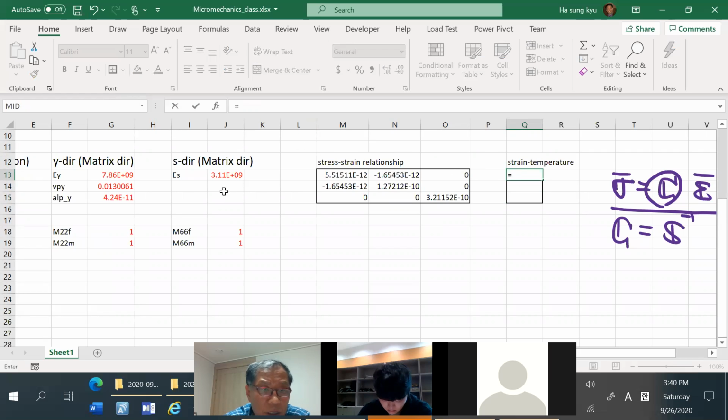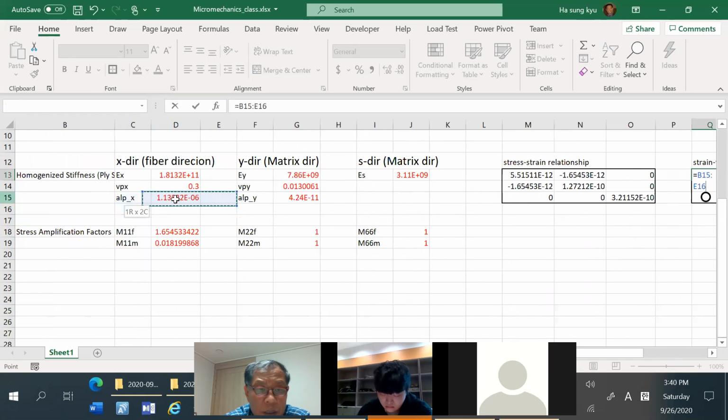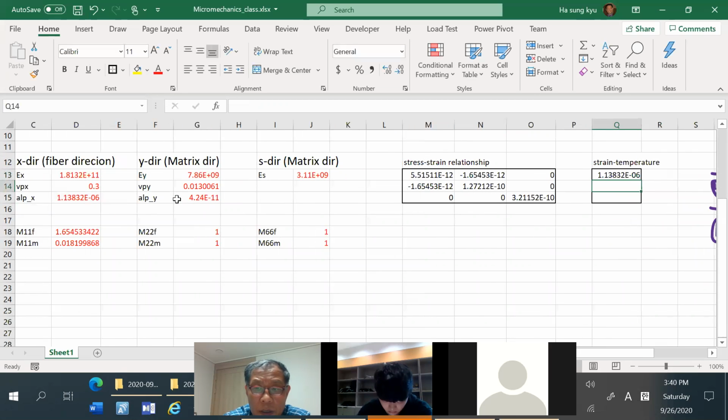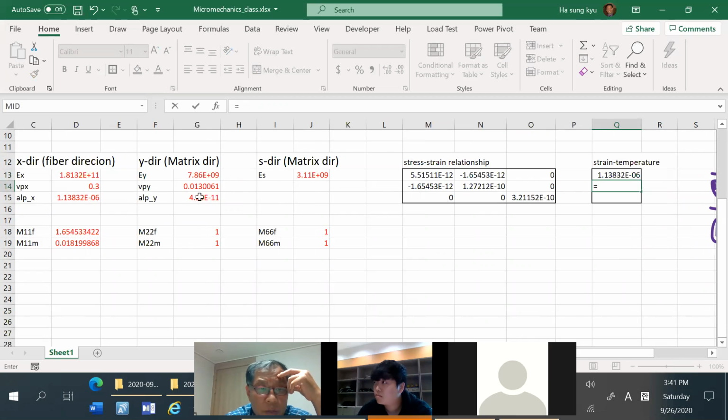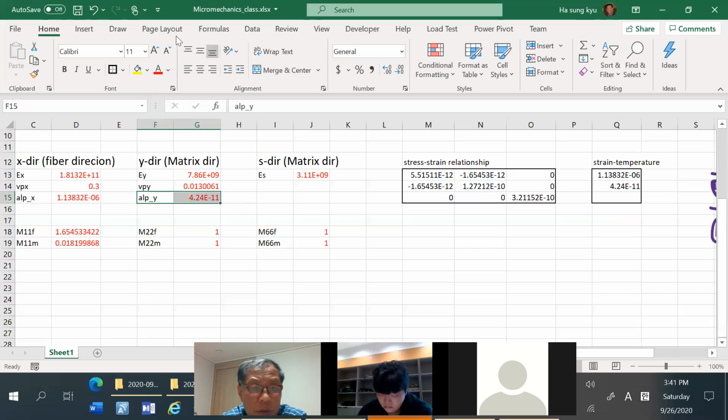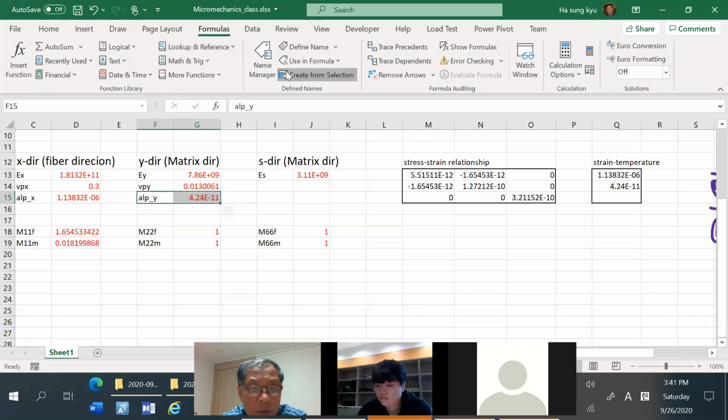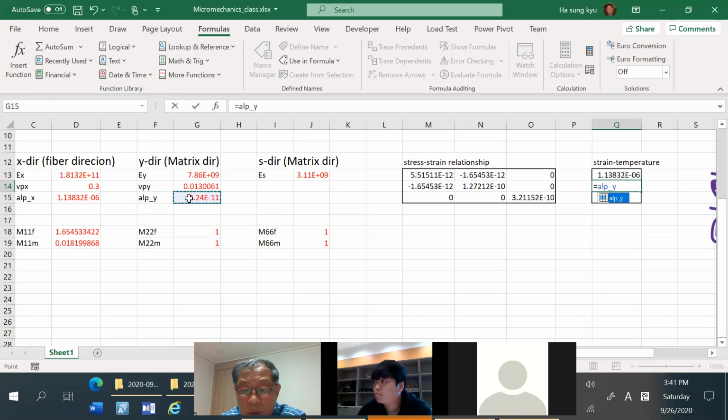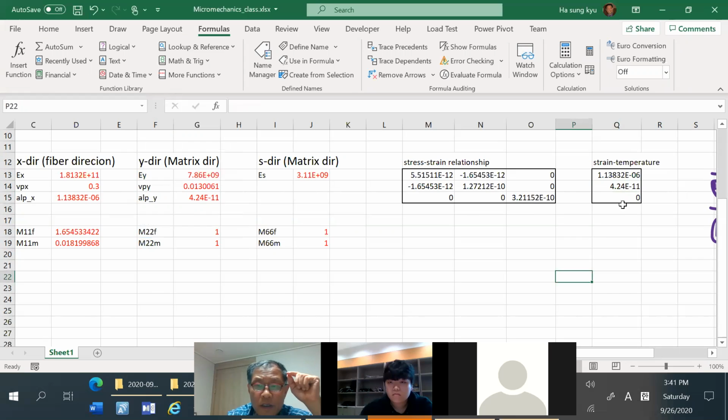Alpha x will be given as here, and this one is also given as this one. Sorry, this one. Okay, sure, it does not contribute to any thermal strain. So this is the full quantification for the composite. We will use these terms when we cover other subjects.